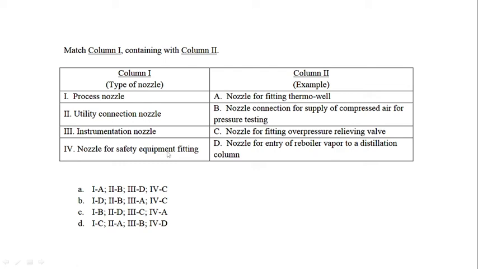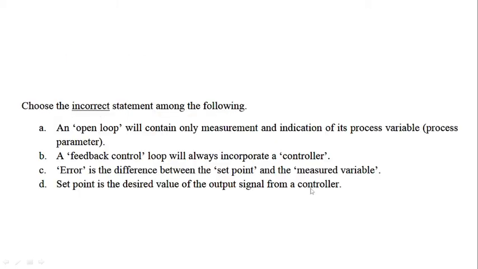Option D, set point is the desired value of the output signal from a controller. So can you tell what is the incorrect option written here? Option B.